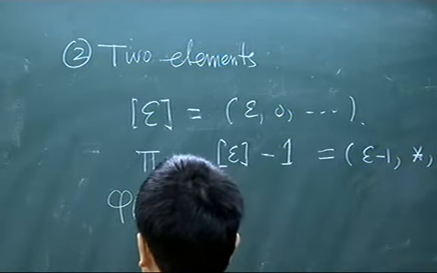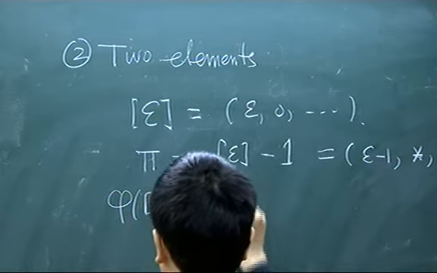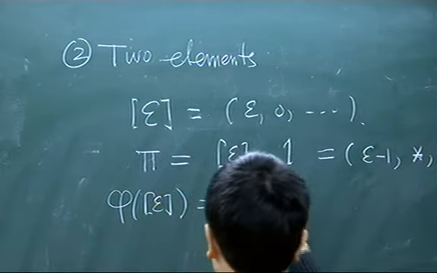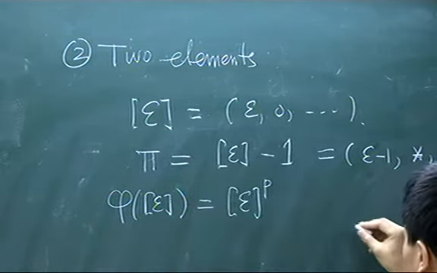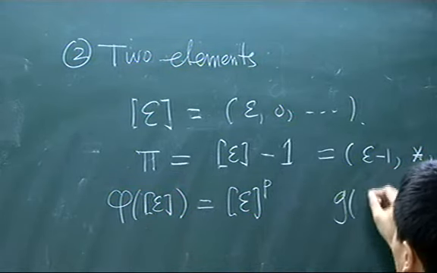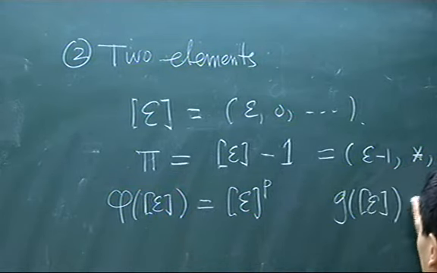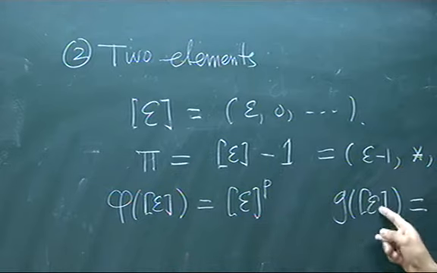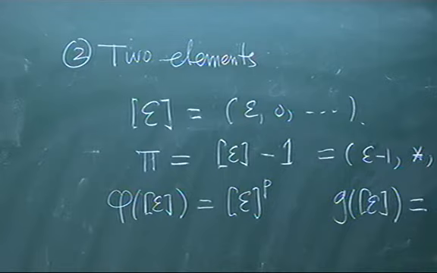So phi, this is easy. Now this is the G action. Because of this, you can say this is to the chi of g. So here chi is the same thing as you have.